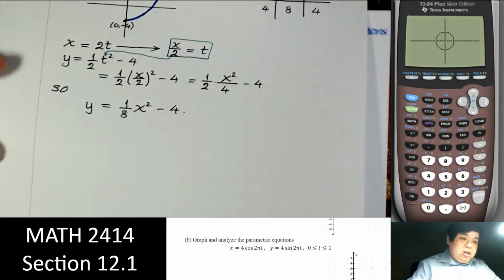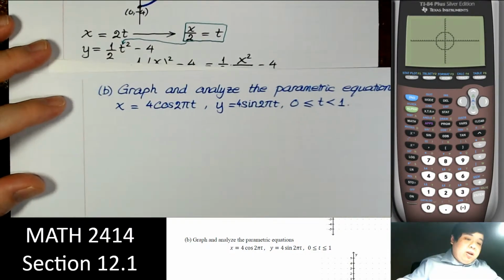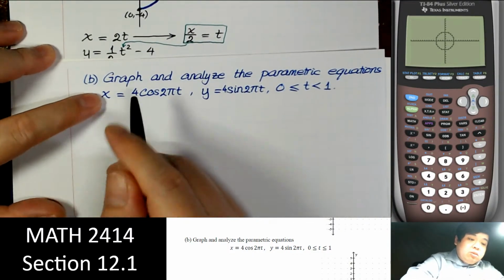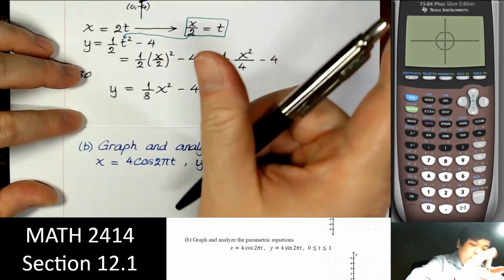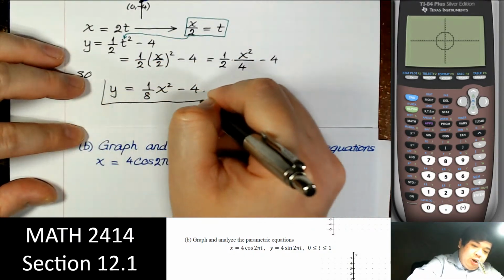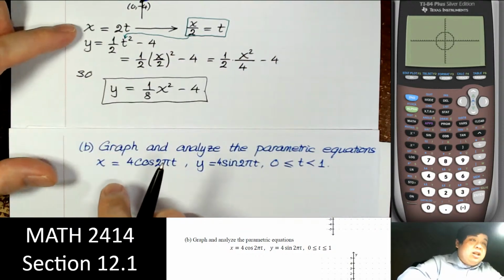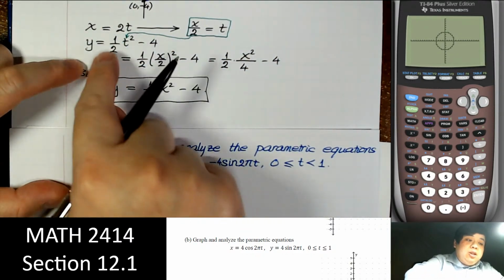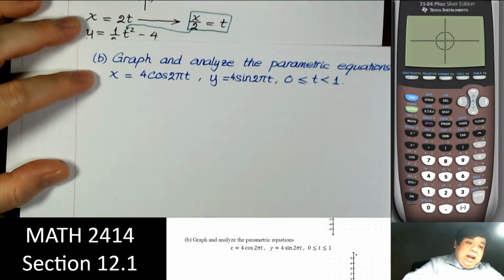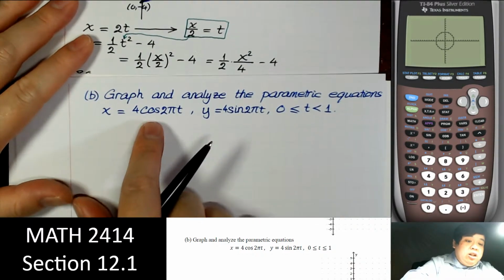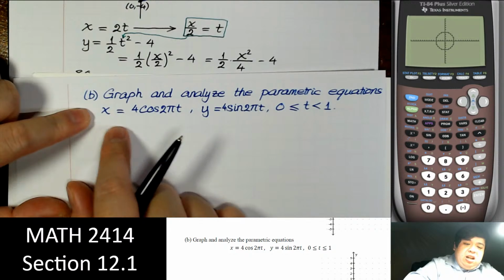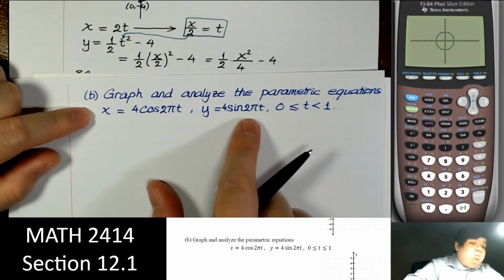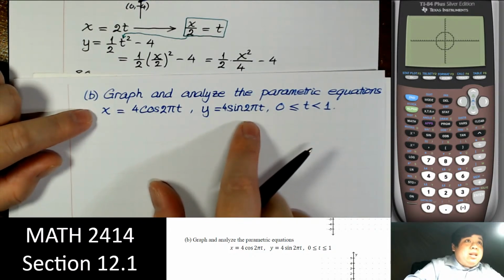I don't know why I switched a page. When we're trying to turn a parametric equation into just an equation, what we did here is we solve for t and substitute back in here for y. And here I don't want to do that. The reason I don't want to do that is because when we solve for t, we have the cosine inverse, and substituting in here sounds like a mess.